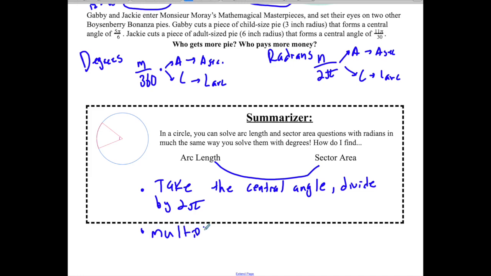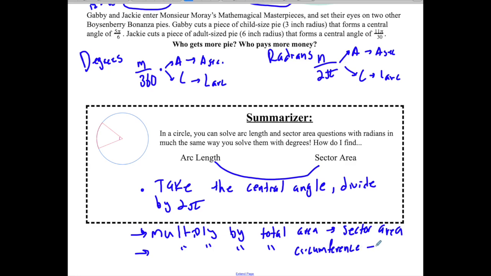You multiply by the total area to get sector area, okay? Or you multiply by total circumference to get the arc length.